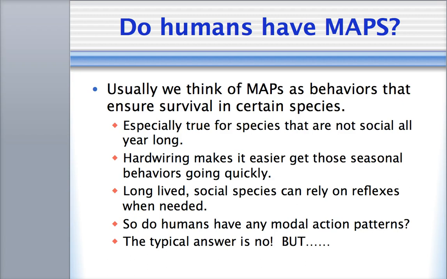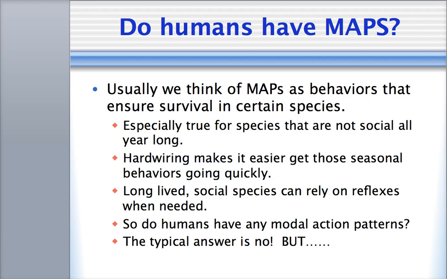And this is especially true. Modal action patterns are present primarily in animals that are not social all year round. So often these animals are not particularly social, or they have a very small window during which they're going to use these behaviors.